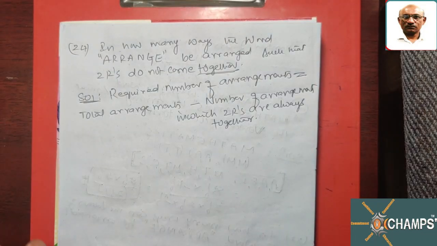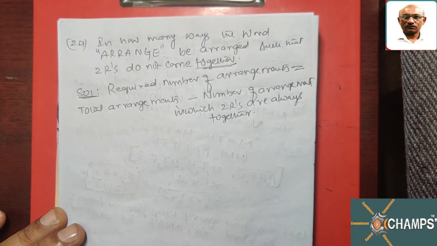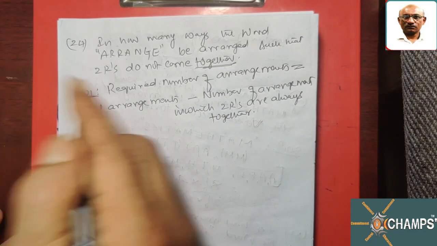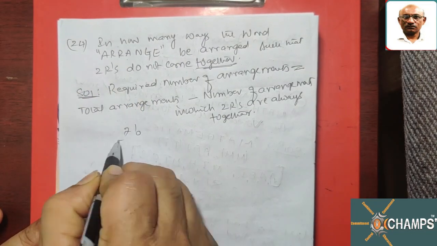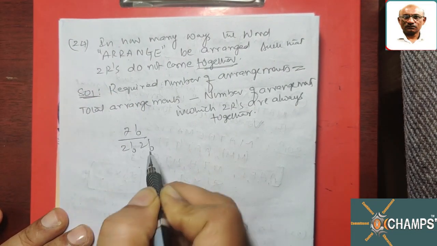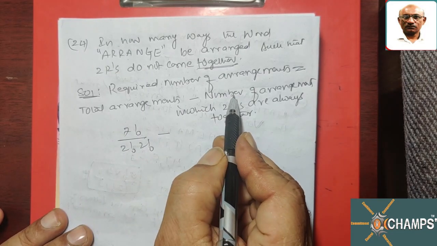So total number of arrangements we already completed a couple of questions back. It is 7 factorial by 2 factorial into 2 factorial.